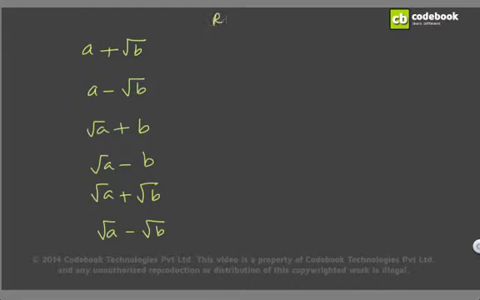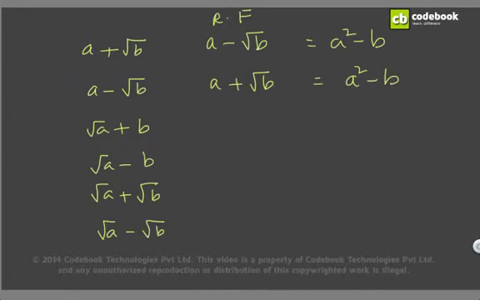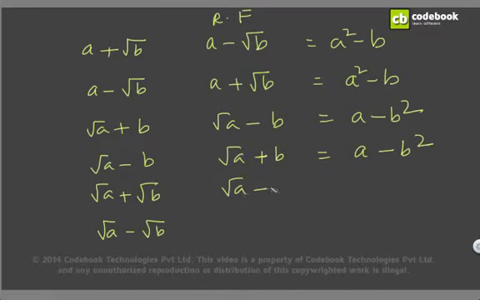The rationalizing factors for these expressions are: for a plus root b, it is a minus root b, because when you multiply these two together you will have a square minus b; in the case of a minus root b it would be a plus root b, which is again a square minus b; over here it will be root a minus b, which gives a minus b square; in this case it will be root a plus b, which is again a minus b square; over here it will be root a minus root b, which gives a minus b; and similarly here it will be root a plus root b, which would give a minus b.